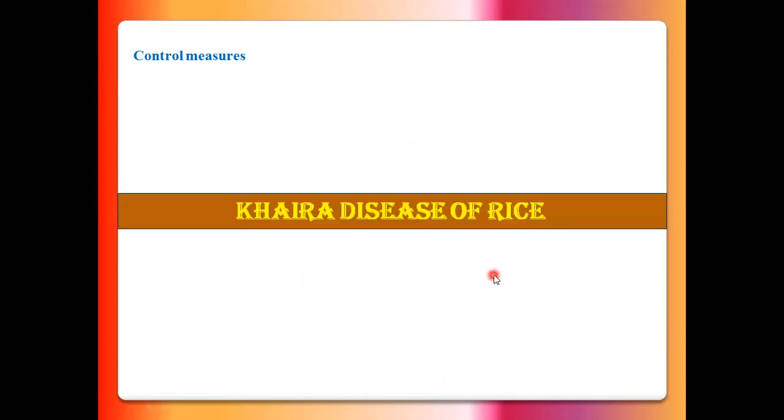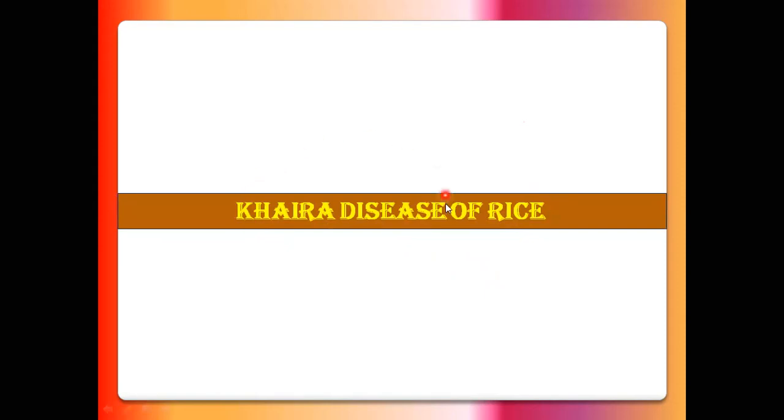Okay, then the last one. This is not a disease. This is the symptom produced in the rice field due to the deficiency of zinc. Zinc deficiency is generally seen in the rice field.